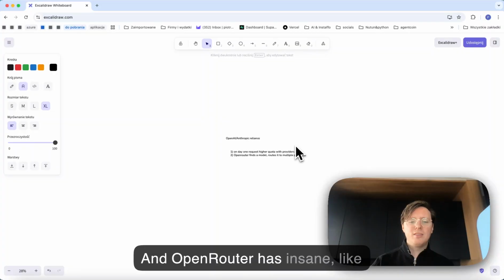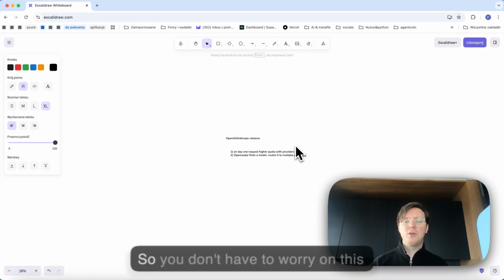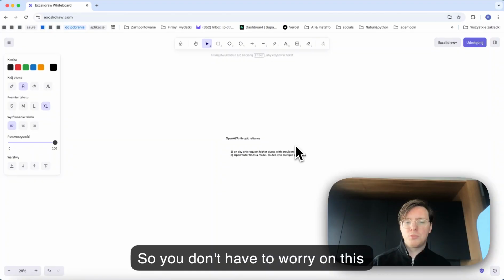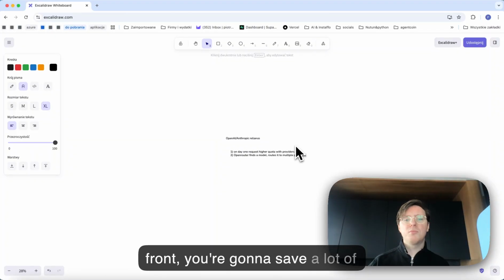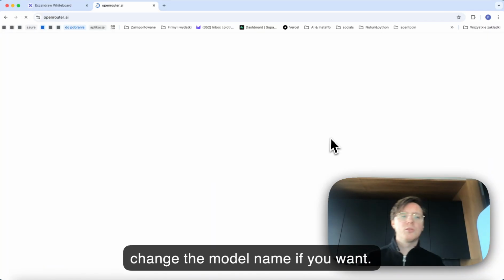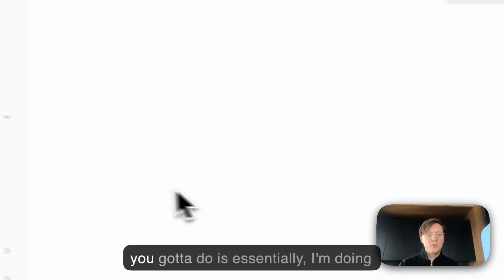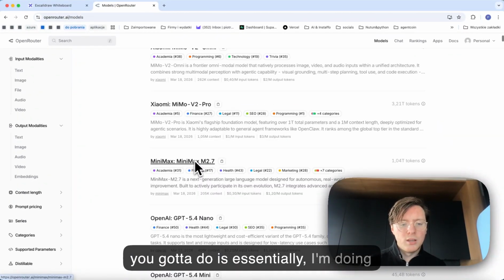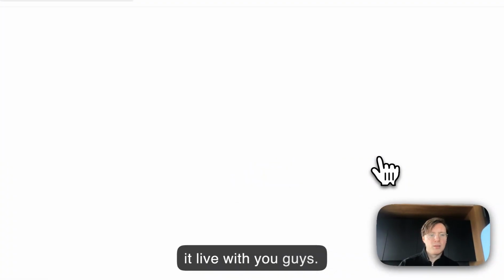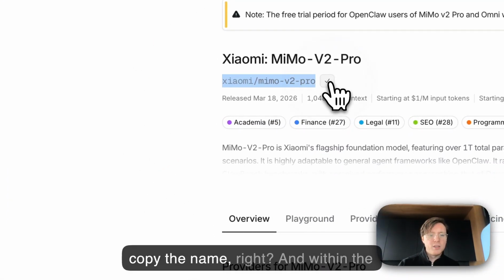And OpenRouter has insanely good rate limiting policies, so you don't have to worry on this front. You're going to save a lot of money, and really, it's super simple to change the model name if you want. So if you want experimentation, all you've got to do, I'm doing it live with you guys, is copy the name, right?